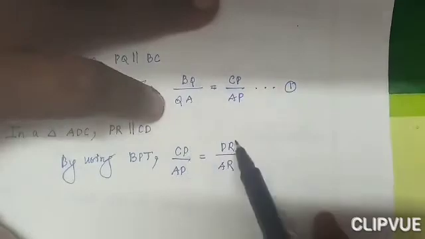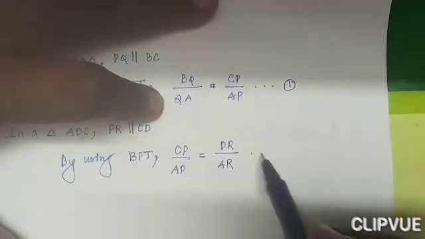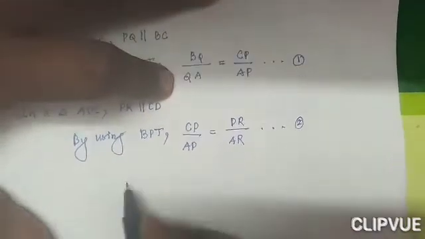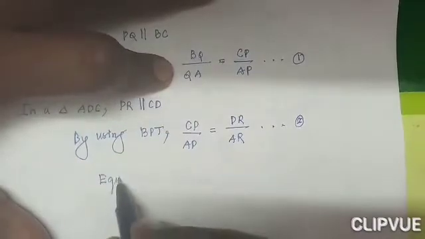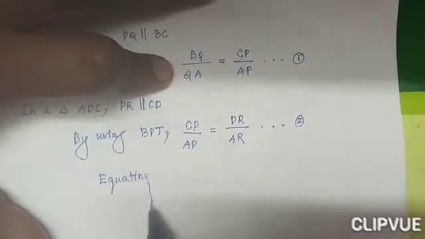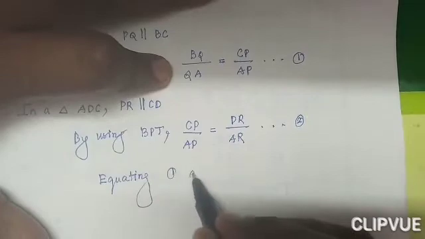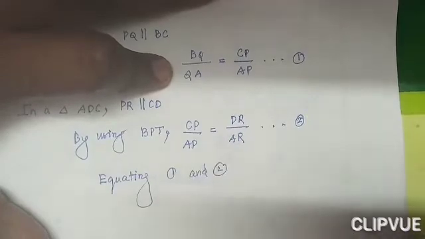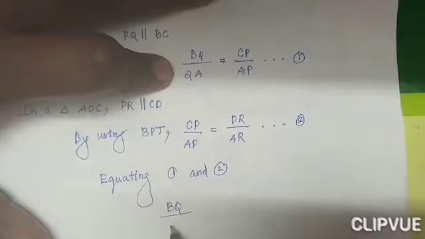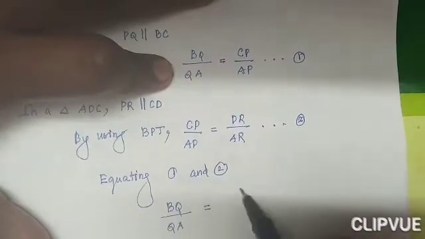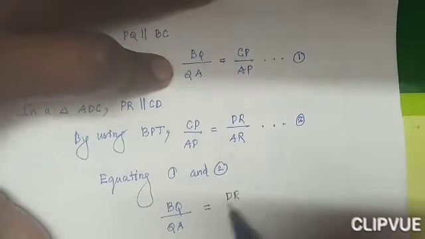Here CP by AP equal to DR by AR. So equating 1 and 2, what do we get? BQ by QA equal to DR by AR.